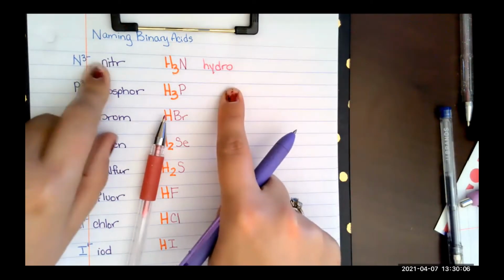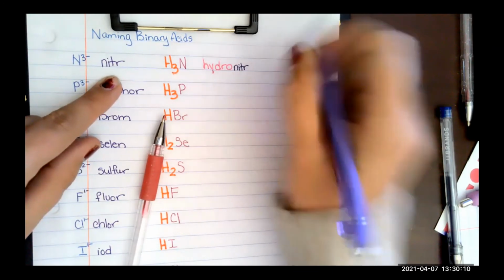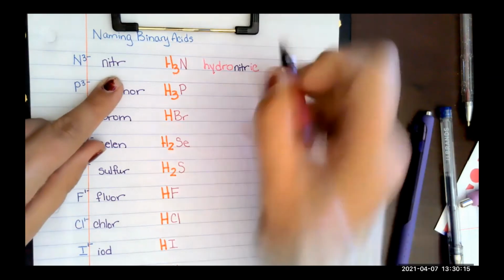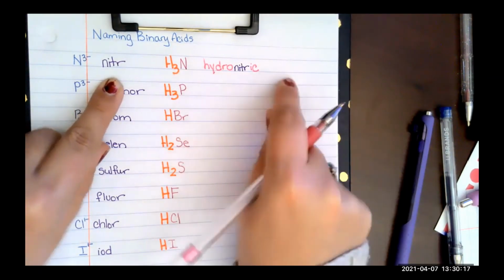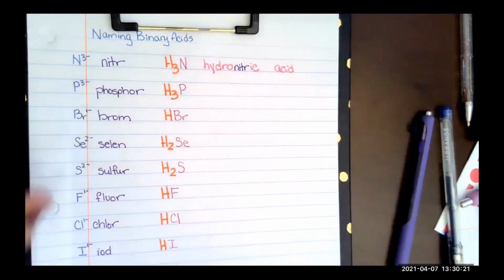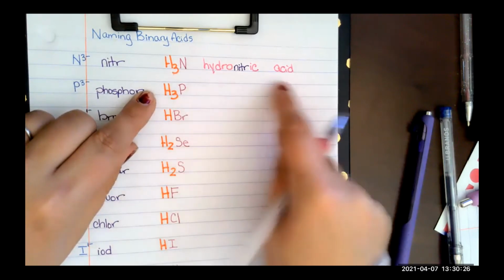So it'd be hydro, then you put NITR. Then you end up with IC. So you make the word hydronitric, and then you add the word acid. So H3N is hydronitric acid.